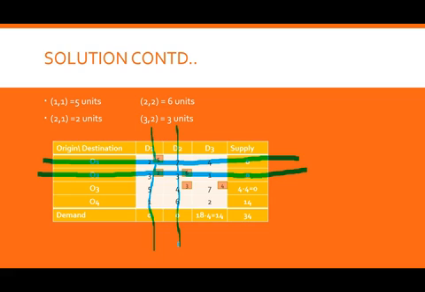This column 0, cancelled. Now coming here, I am supposed to make an assignment. Here supply was 4, demand is 18. So which is minimum? 4. So make an allocation of 4. So this becomes 0. Okay. 18 minus 4, 14. Still remaining.